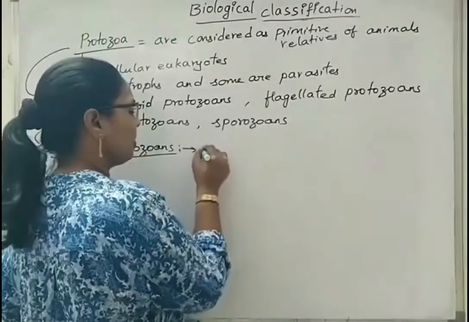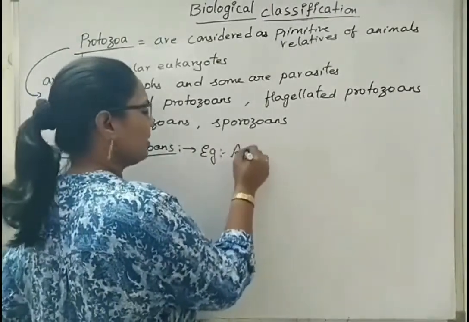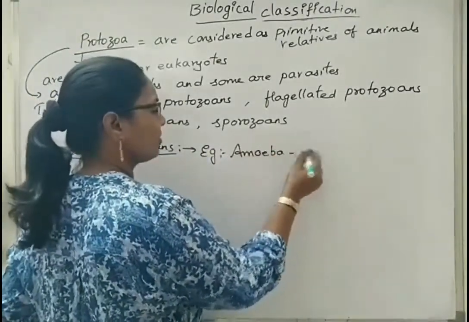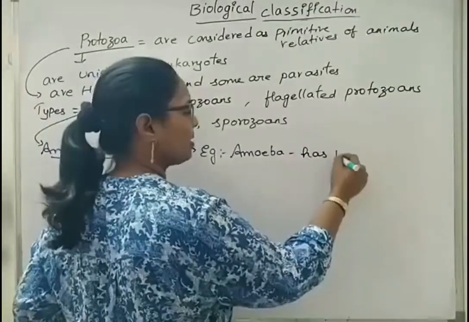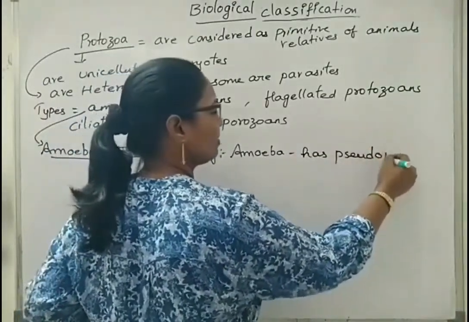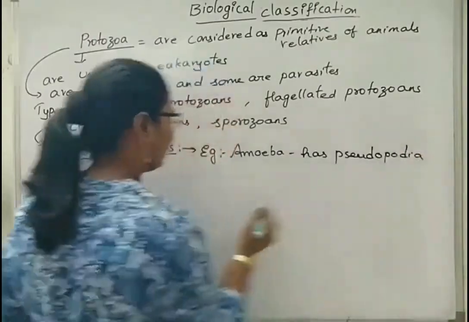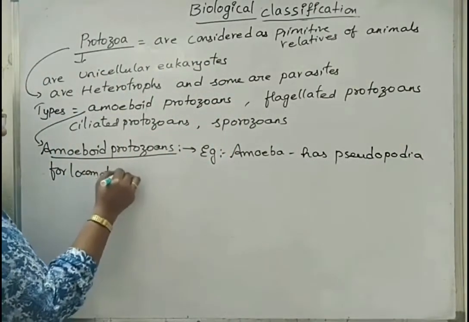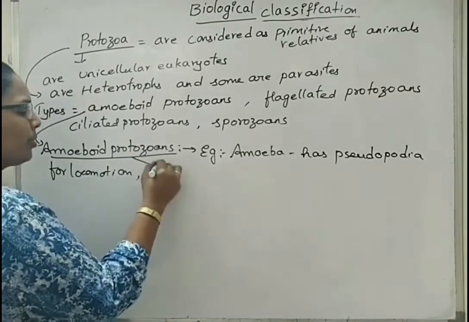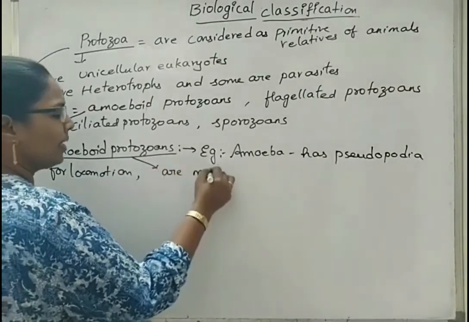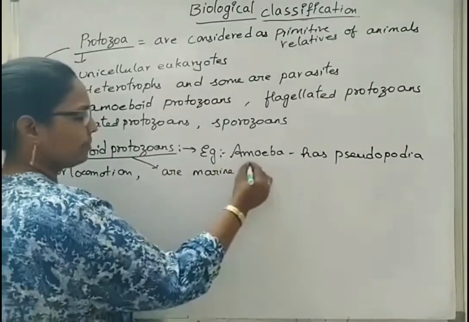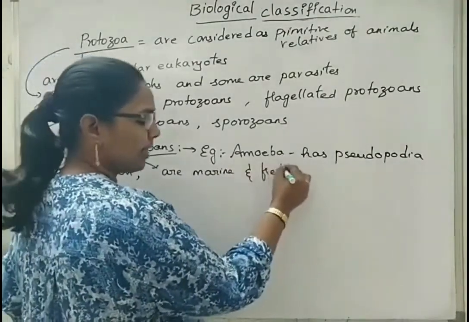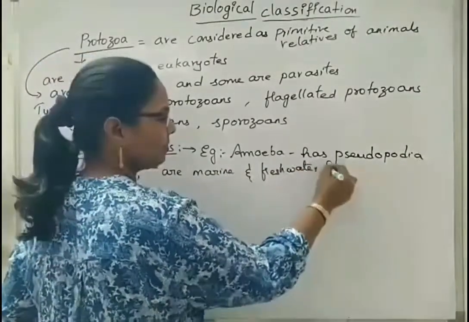So for amoeboid protozoans, the example is amoeba. Amoeba has pseudopodia for locomotion. Amoeboid protozoans are marine and freshwater forms.